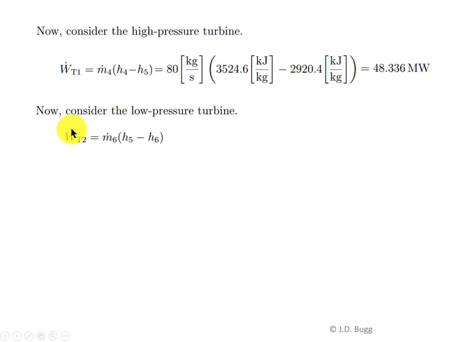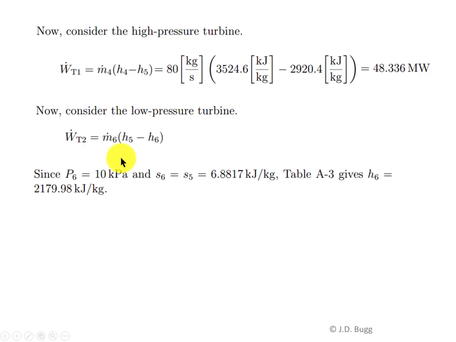So the power of the second turbine is the mass flow rate through the second turbine, which I've designated here as m dot 6, times H5 minus H6. So we need to figure out the enthalpy at 6. We know the enthalpy at 5 because we use that for the high pressure turbine. Well, at 0.6, the entropy is the same as at 5 because the second stage turbine is also isentropic.